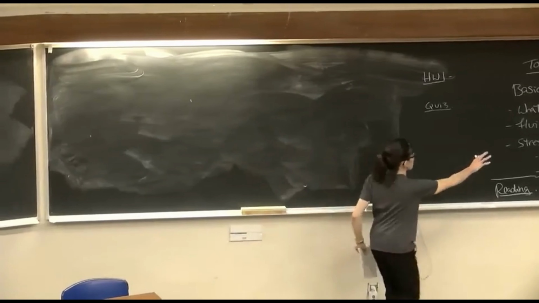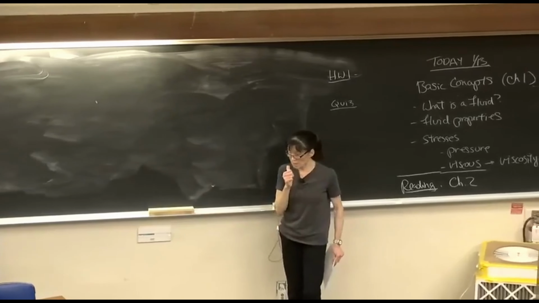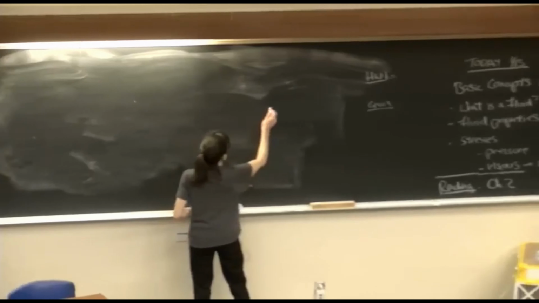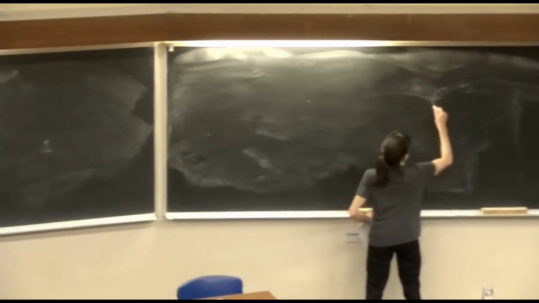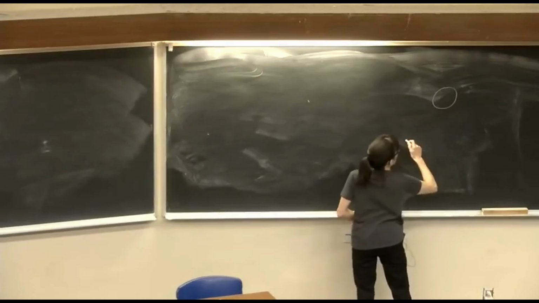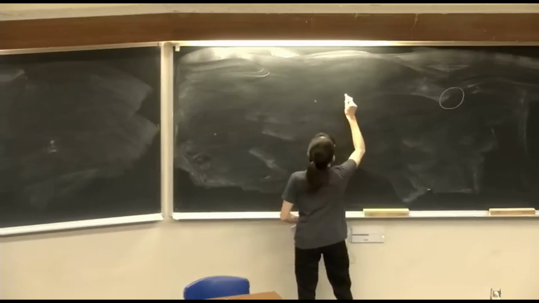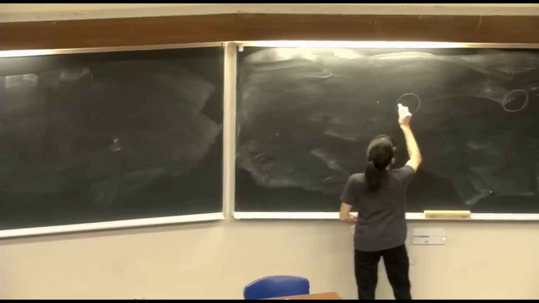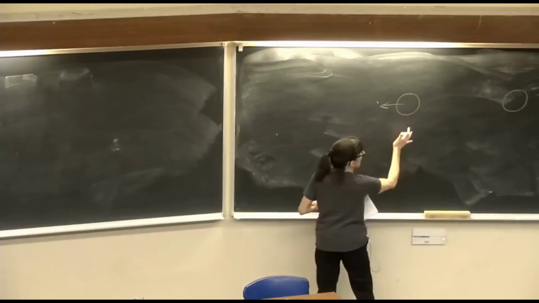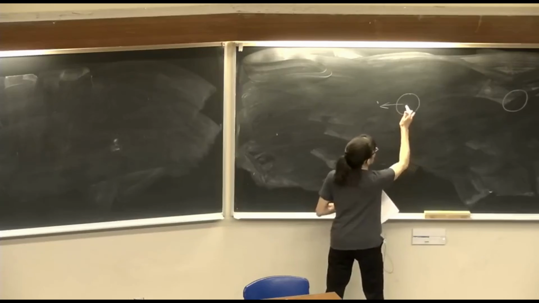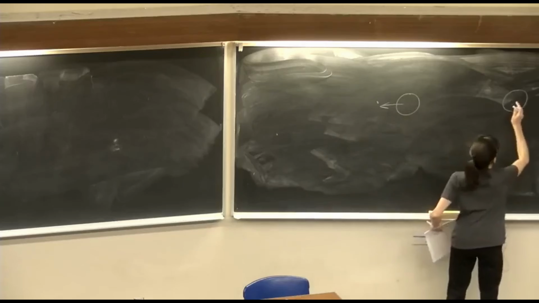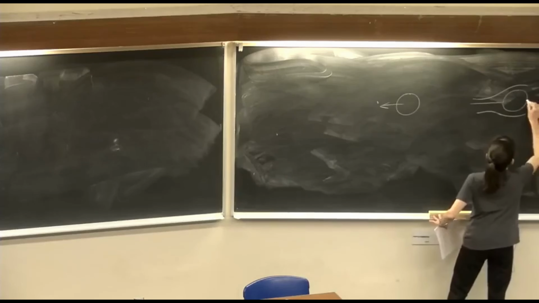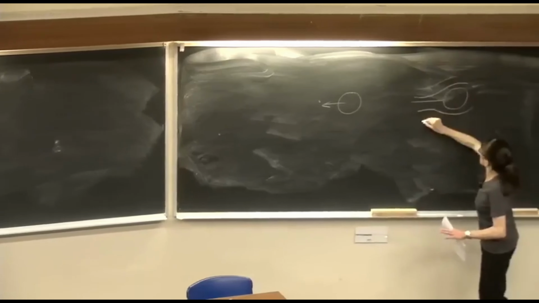In terms of the stresses, I wanted to make a comment on this. Recall that I was discussing the fact that when you have some object moving in stationary fluid, or if we fix the coordinate to the object, an object that has fluid moving around it.